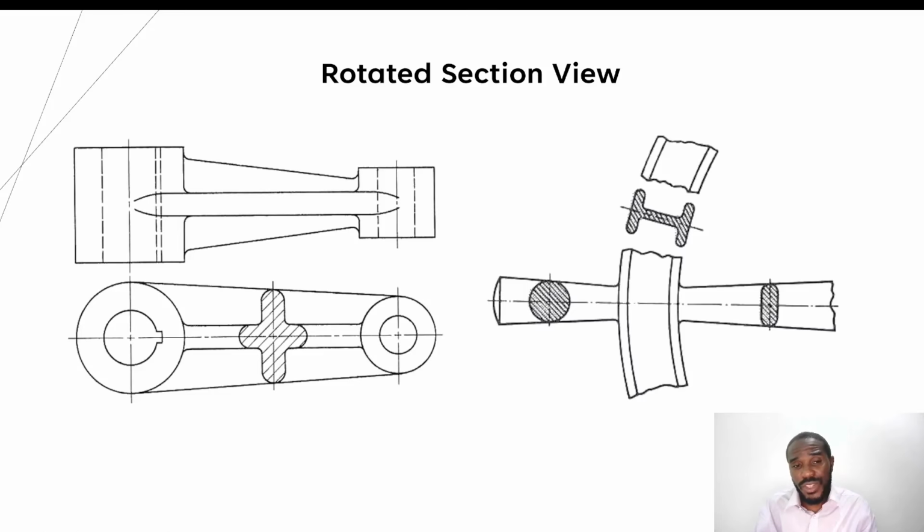Rotated section view is a case where you pass a cutting plane and the section view is rotated through 90 degrees at the point of cutting. So if we look at this, this is the front, and this is the plan of this component here. If there's a plane that cuts this there, if you take this and view it in this direction, what we do with rotated section view is to keep the plan the way it is, but draw the profile that you would see at the point where you intend to cut it.